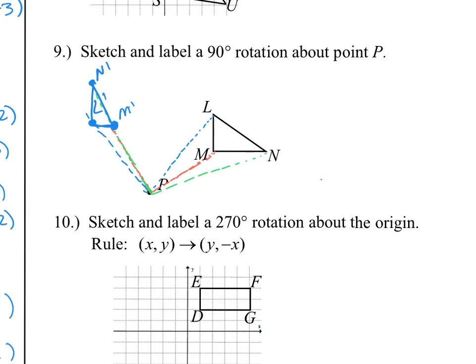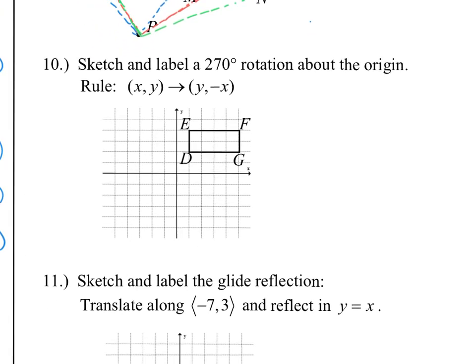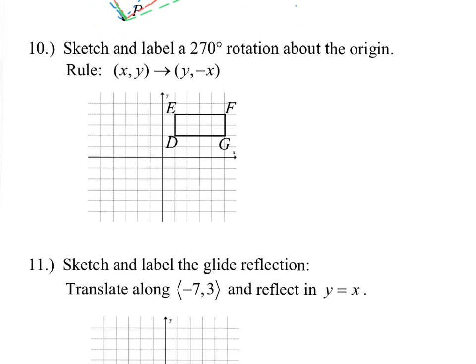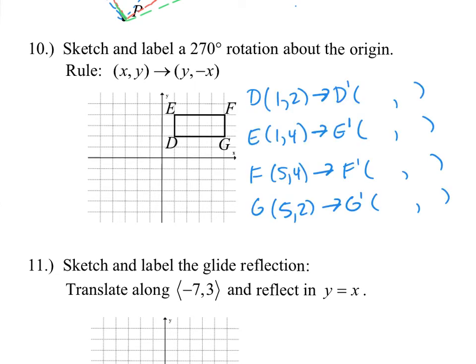Okay, so now let's take a look at number 10. So again, I'm going to stop the tape so that I can provide you the pre-image points. So in number 10, we are going to take these pre-image points and we are going to do a 270-degree rotation about the origin. So the rule has been provided for us.